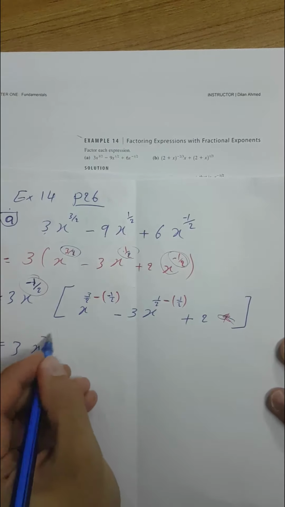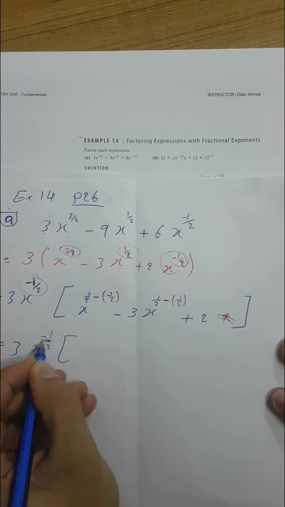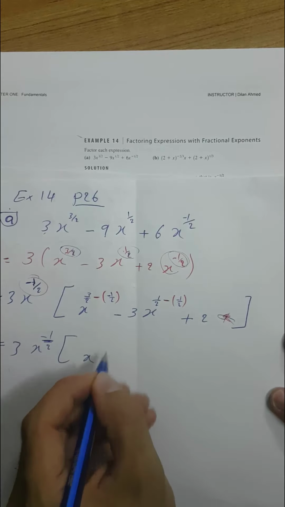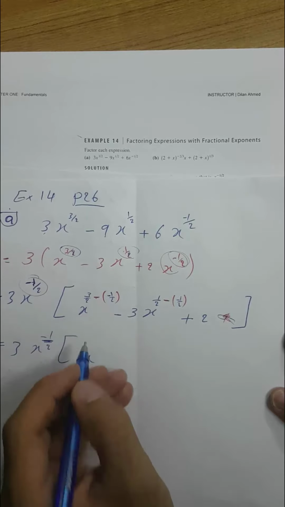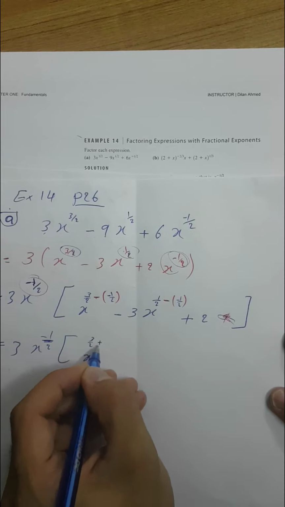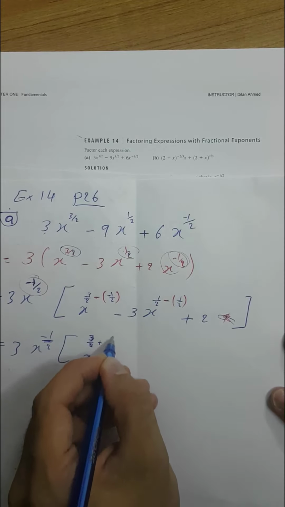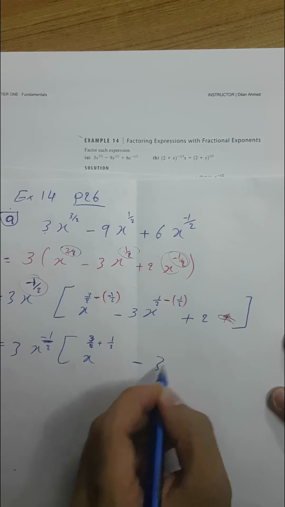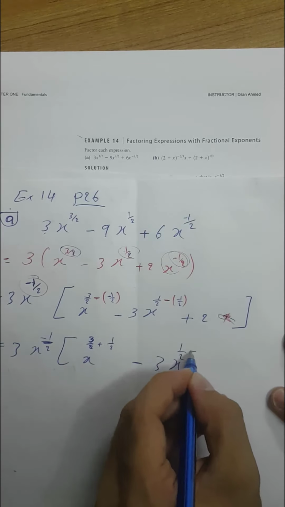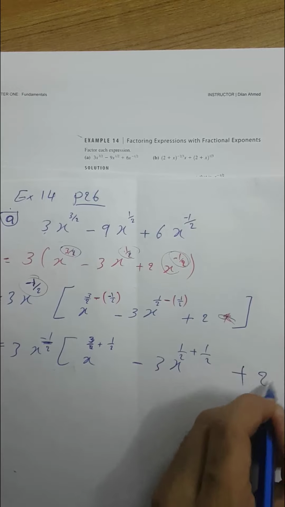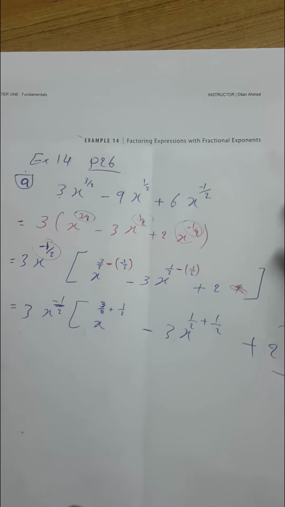So in the next step, I will write down this one. You know, negative by negative is equal to positive. So x to the 3 over 2 plus 1 over 2, minus 3x to the 1 over 2 plus 1 over 2, plus 2. Okay, dear?